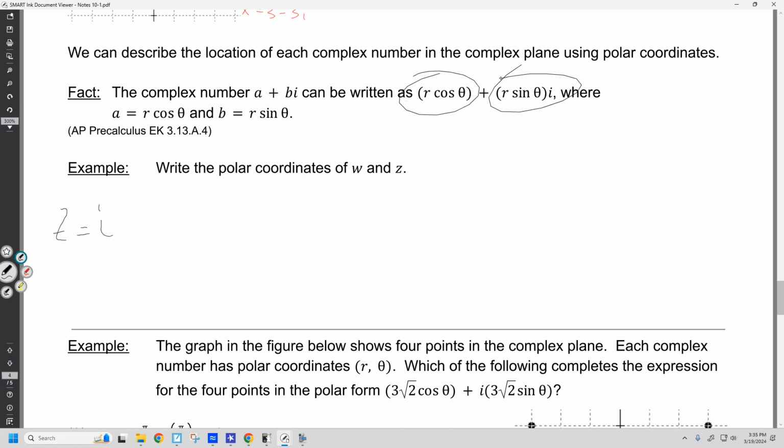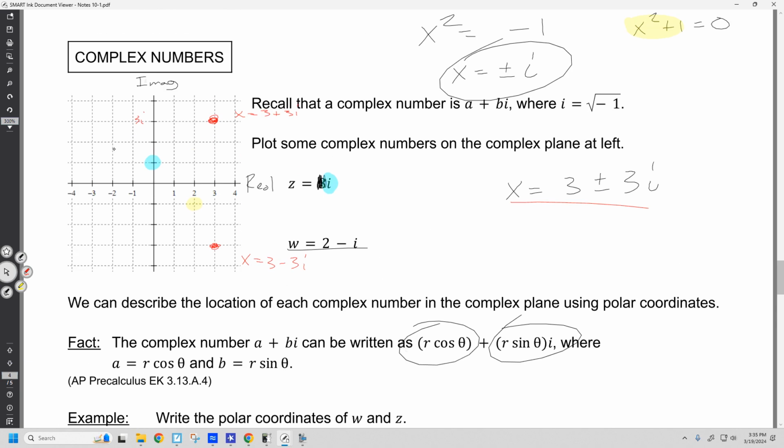We had 5 cosine 2 with 5 sine 2. I'm going to go back over to z equals i right here, and I'm going to realize this is on a radius of 1, and it's at an angle of pi over 2. Would you guys agree that this point, on a rectangular plane, would be a radius of 1 and an angle of pi over 2?